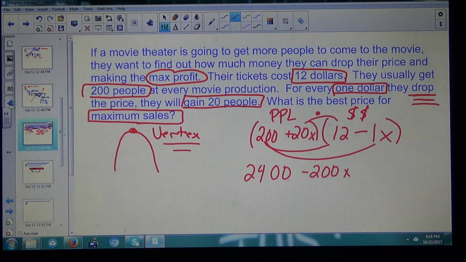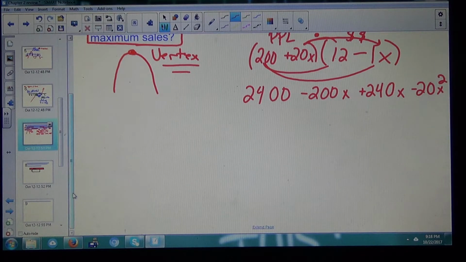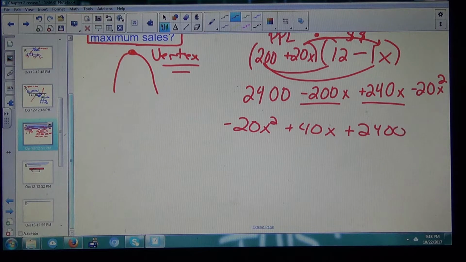Inner, that would be 12 times 20, which is 240 and then an x, and then last, this guy and this guy, which gives me a negative 20x squared. If I'm going to actually do this in the correct process, how would I write this out? Negative 20x squared needs to be in the front. I got to combine my like terms, which gives me a plus 40x, and then a plus 2400.